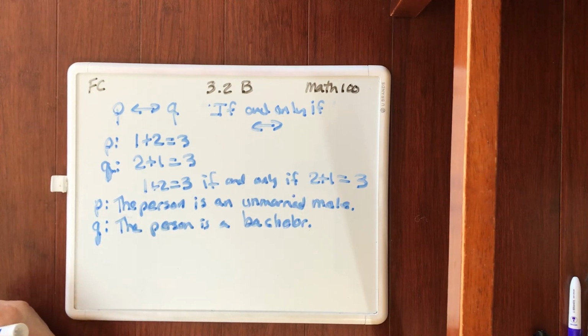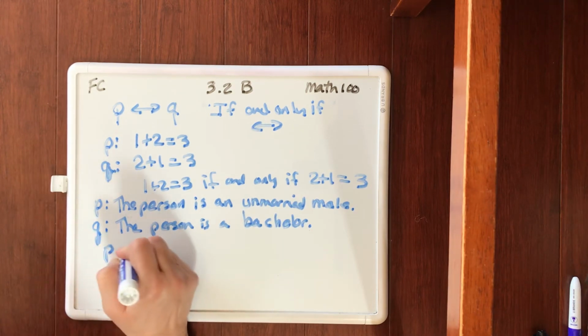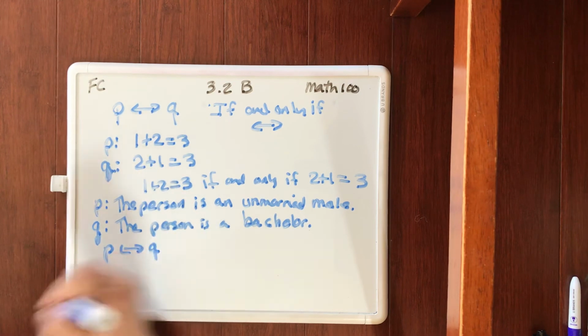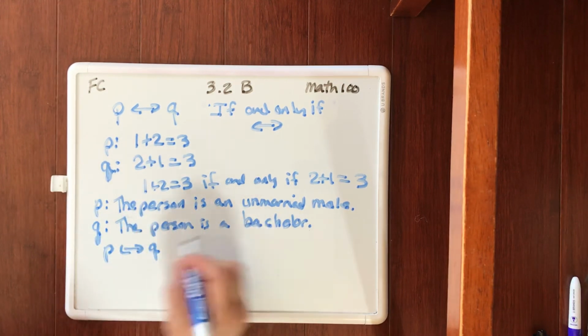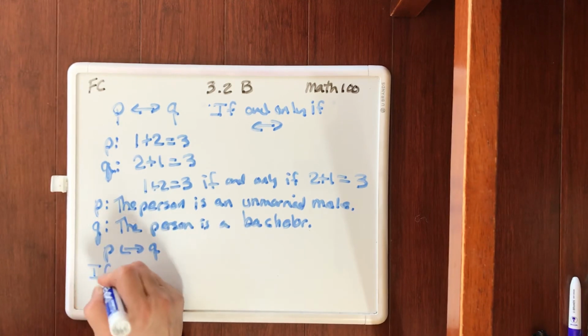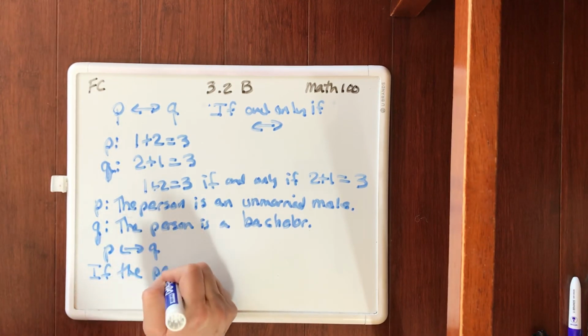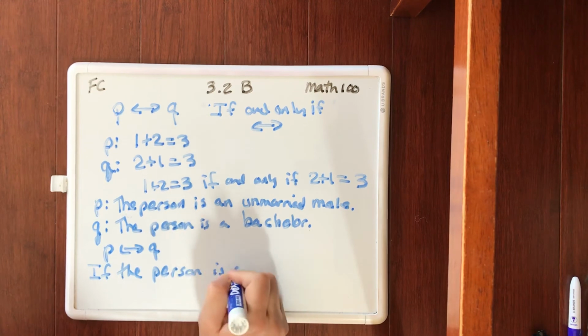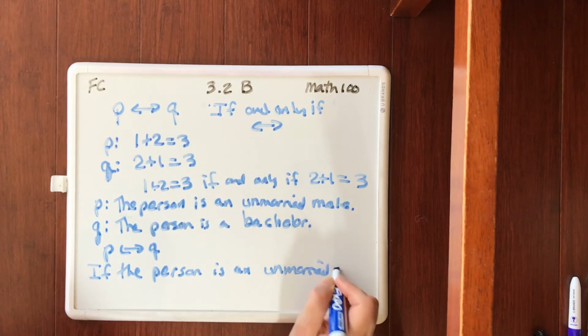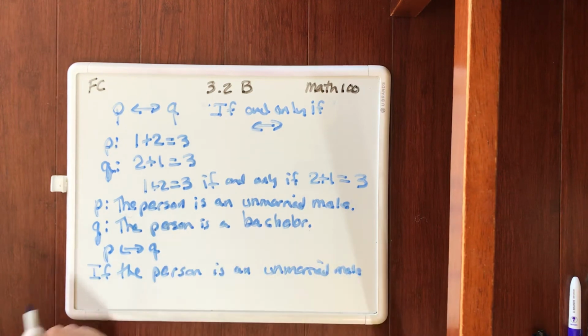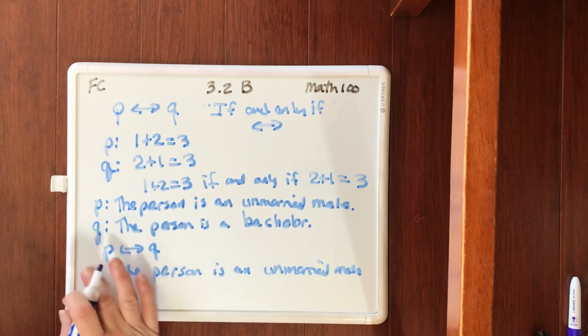Okay. So can we say P if and only if Q in this situation? Sure we can. If the person is an unmarried male, actually I'm going to go the other way.